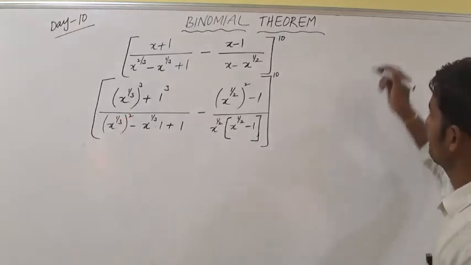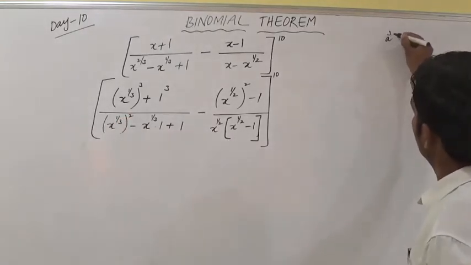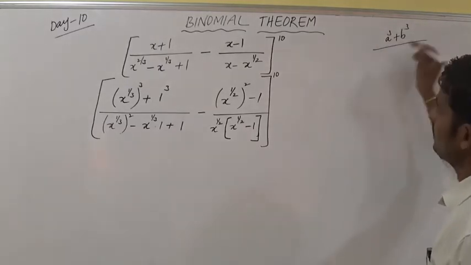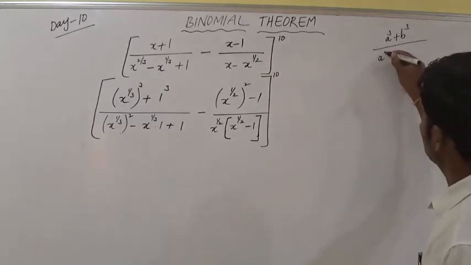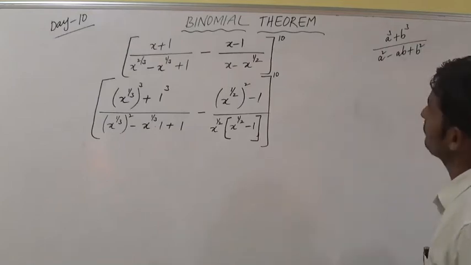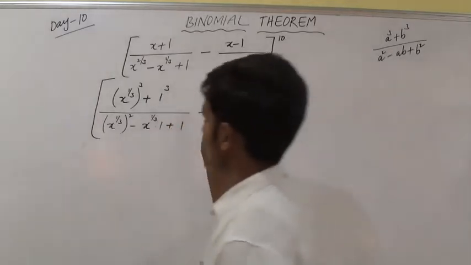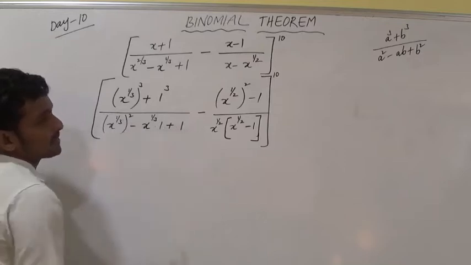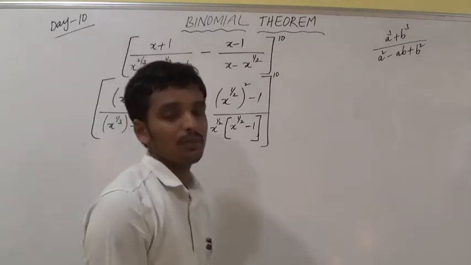That is a cube plus b cube by a square minus ab plus b square. What is the formula for a cube plus b cube?